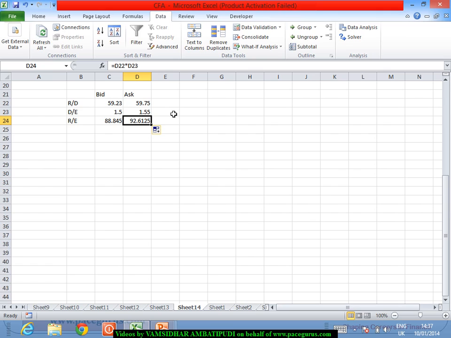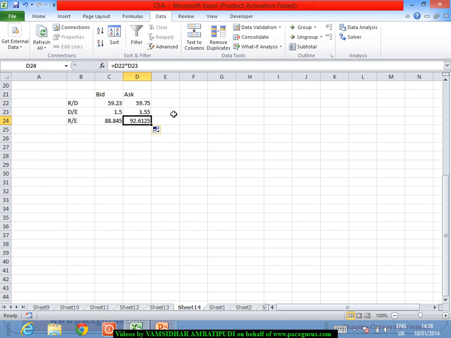So if I have to buy as an investor, if I want to buy 1 euro, from the dealer's point he is selling a euro, so he has to sell it at 92.61, whereas if I am planning to sell euro, the dealer should be willing to buy at 88.84.